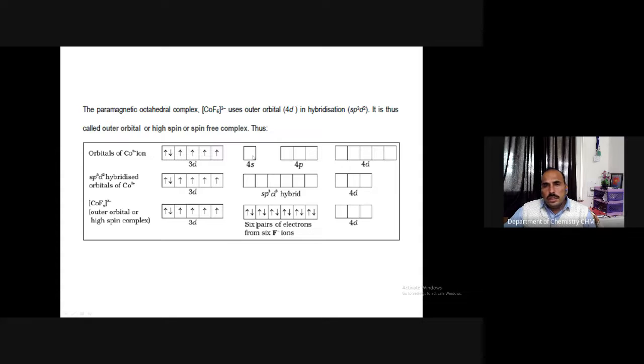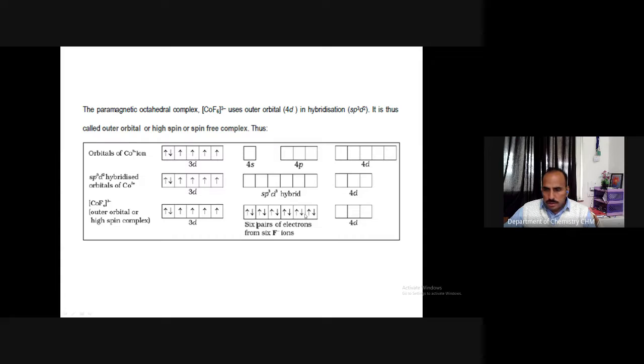So yes, these are the 4s orbital, then 4p, so 3 and 1, 4. And 2 orbitals you can take from the outer 4d. In the previous case, it was the inner orbital; this is the outer orbital. So sp3d2 hybridization will be there. Okay, this is written as sp3d3, it's wrong, it should be sp3d2. That will be the hybridization.